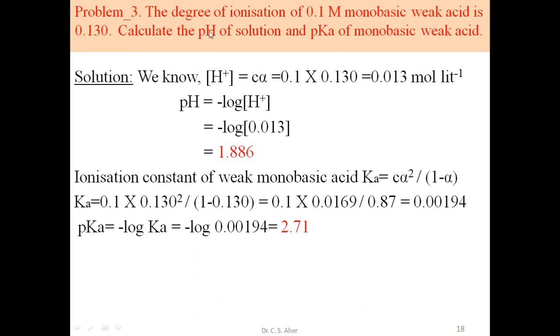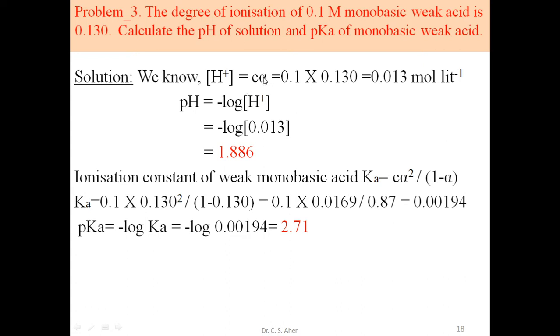Third problem: the degree of ionization, that is alpha, of 0.1 molar monobasic weak acid is 0.13. Calculate the pH of the solution and the pK of the monobasic weak acid. So what is the problem? They asked to calculate the pH and pK of this weak acid. We know H plus ion is equal to C into alpha.